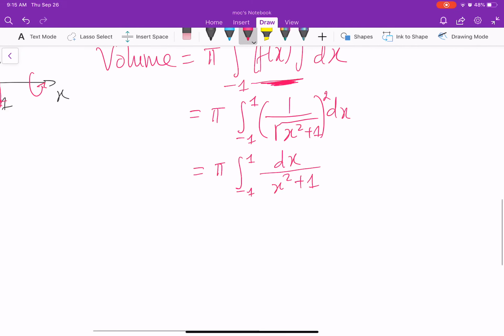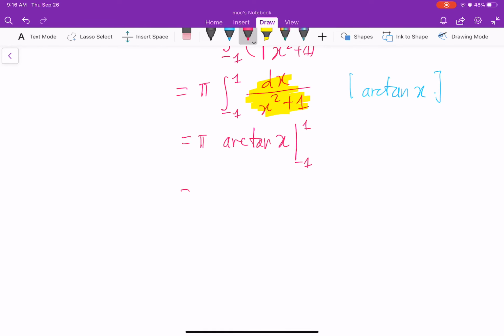And this is a very familiar integral formula for us, right? dx over x squared plus 1. So what is that? That is arctangent of x, right? So I write here pi arctangent of x evaluated from -1 to 1.